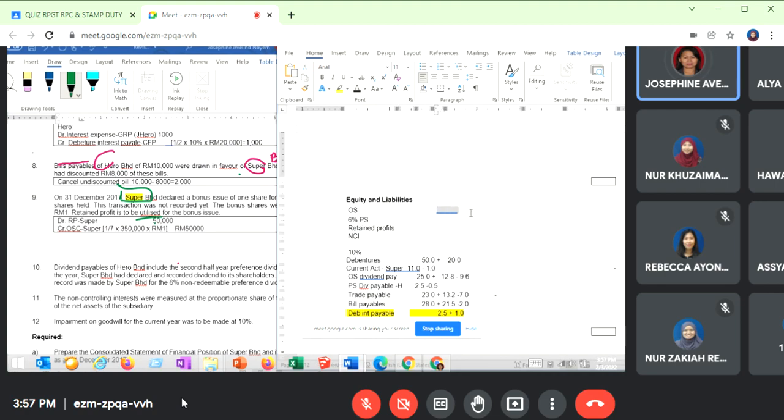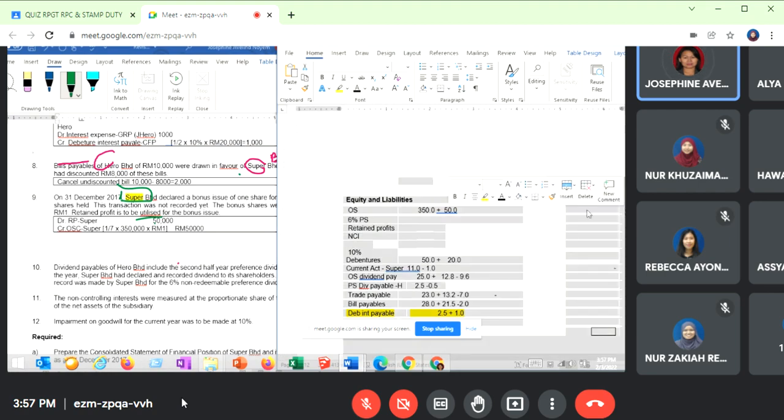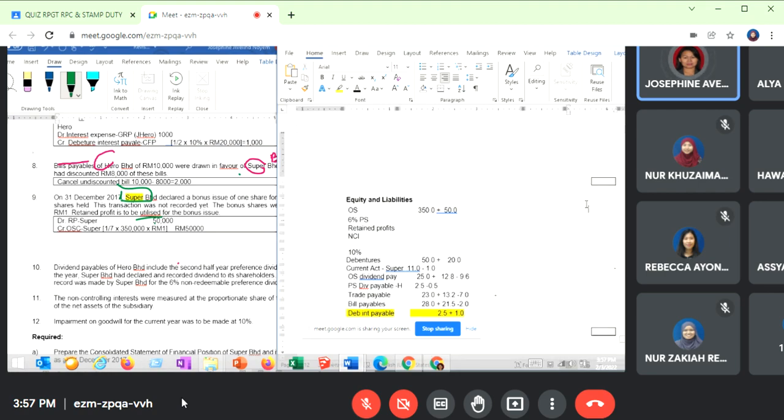So we add another 50,000 to the 350. The share capital to be shown in the consolidated account will be 400, not 350, as a result of the bonus issue.